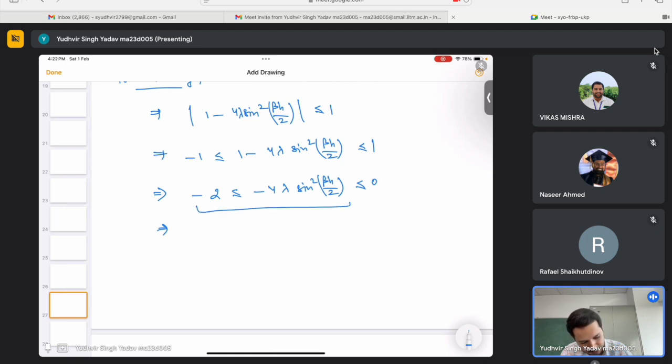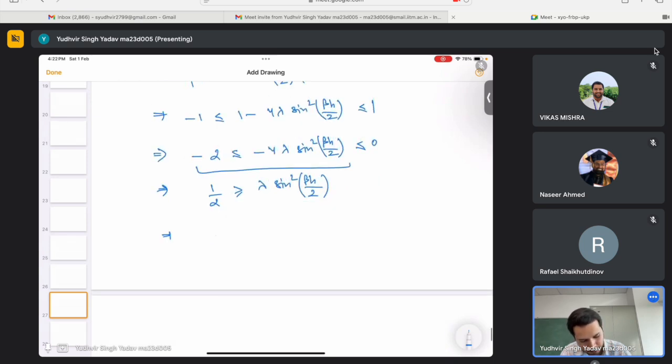So from this, consider this one, we will have 1 by 2 greater than lambda sine square beta h by 2, or lambda is less than or equal to 1 by 2 sine square beta h by 2.